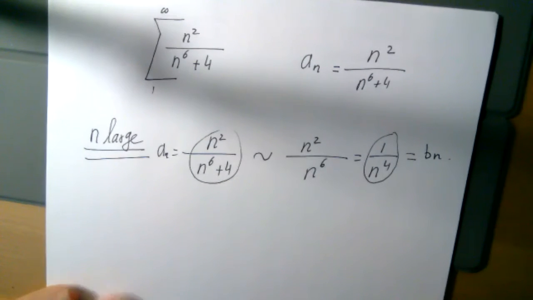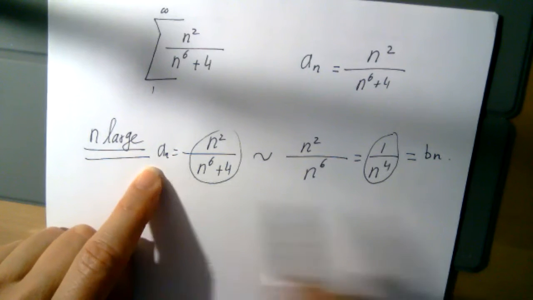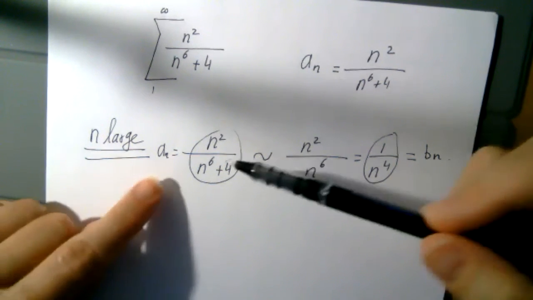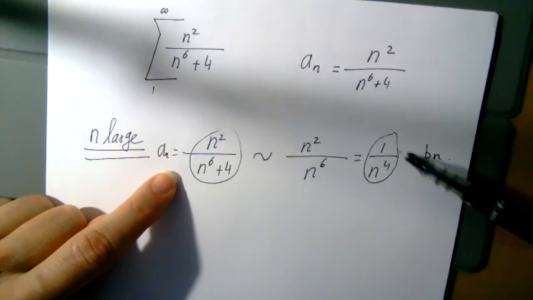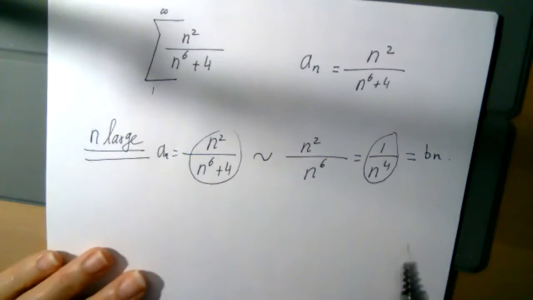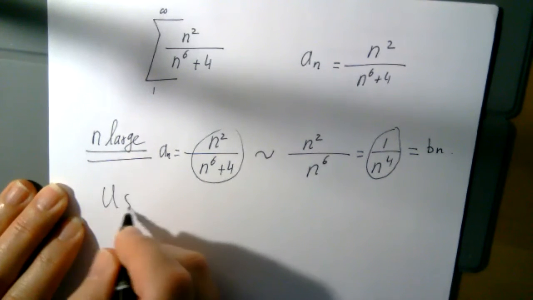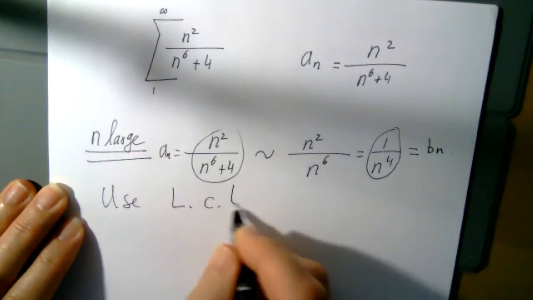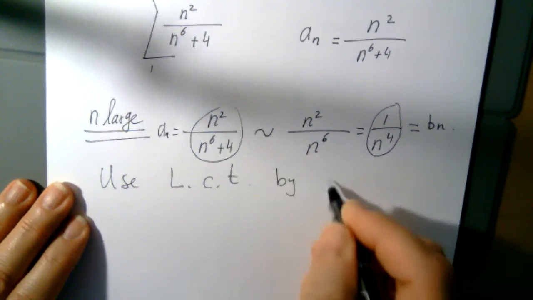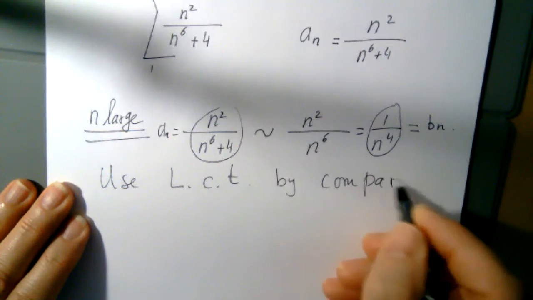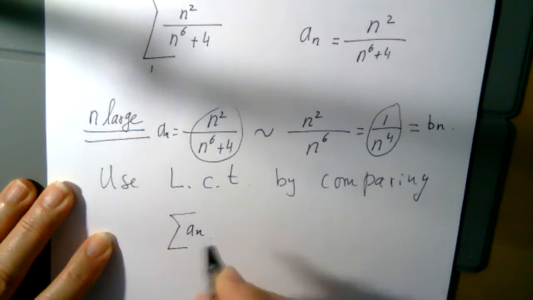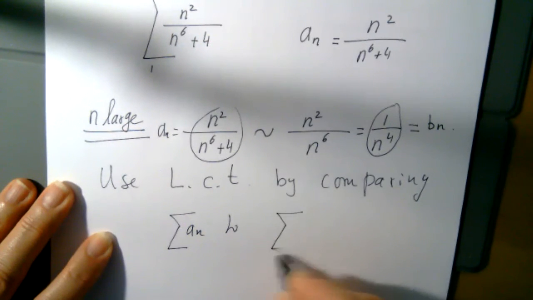So what I'm going to do now is compare this series to that series, sigma bn. Because intuitively, what I'm telling you is that when n is large, those terms are almost those terms. Very, very close in value. So I'm going to use the limit comparison test, by comparing sigma an, meaning this one, to sigma bn.